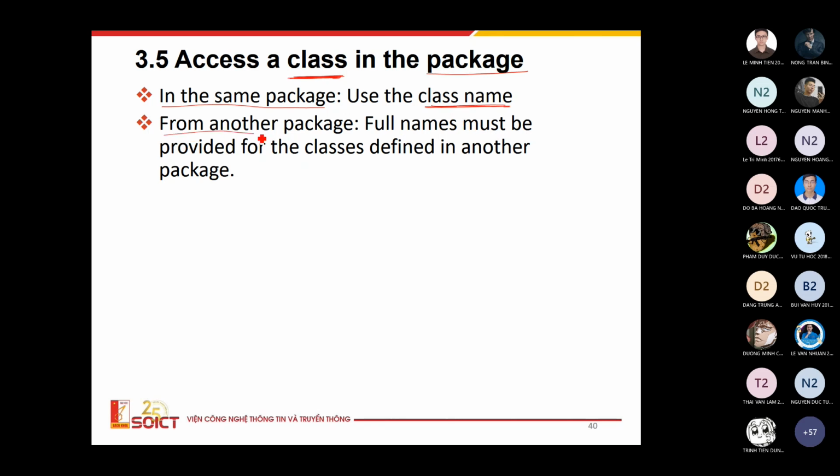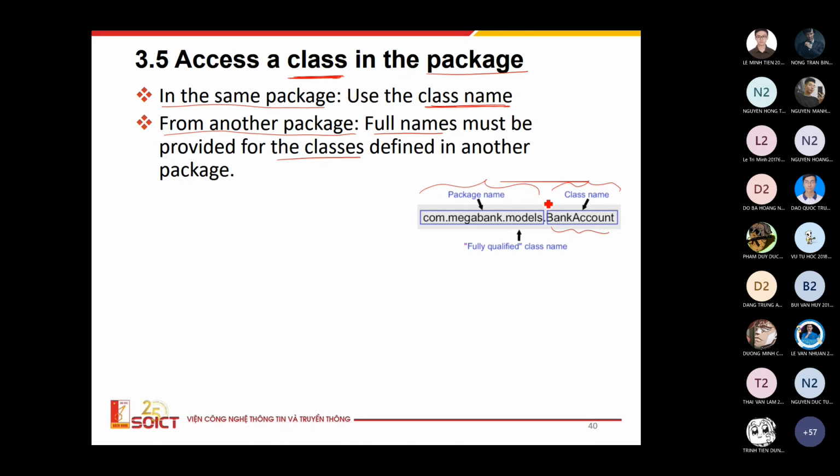But from another package, you have to provide the full name of the class. If you declare a class in a package, the full name of this class will be the combination of the package name and the class name, using the dot operator. This is the full class name.